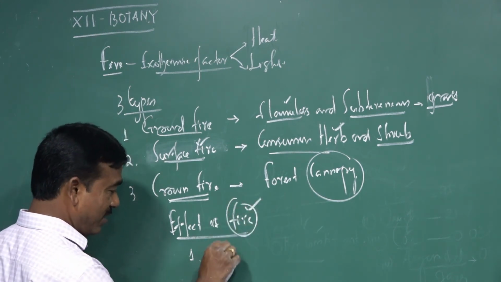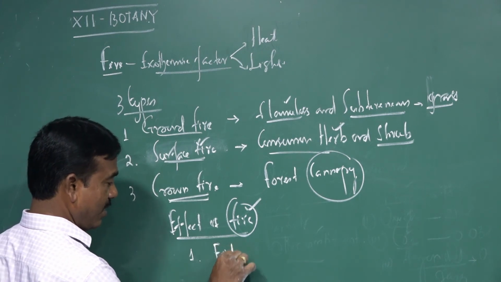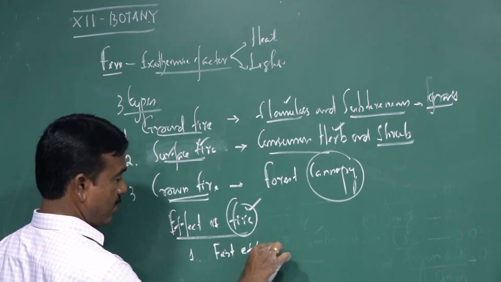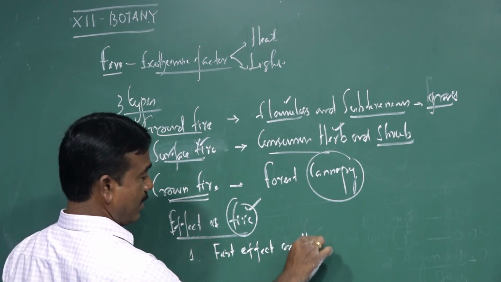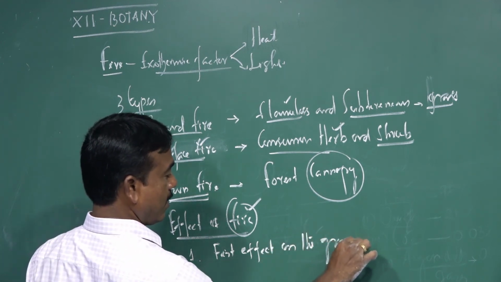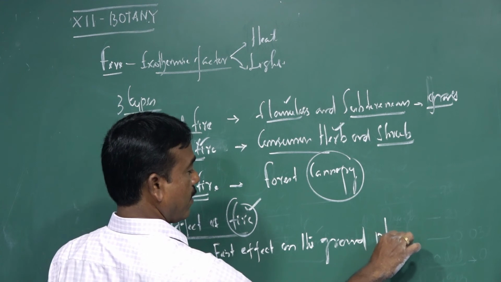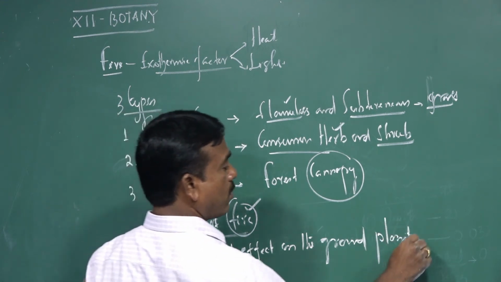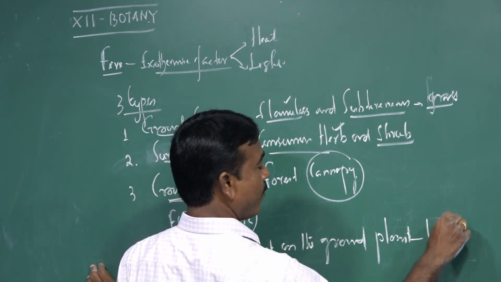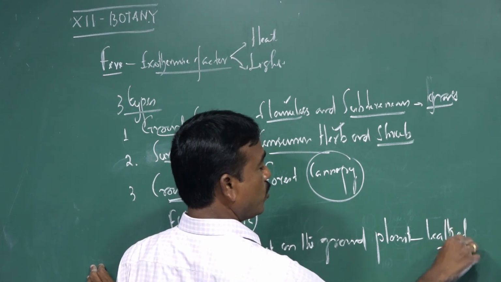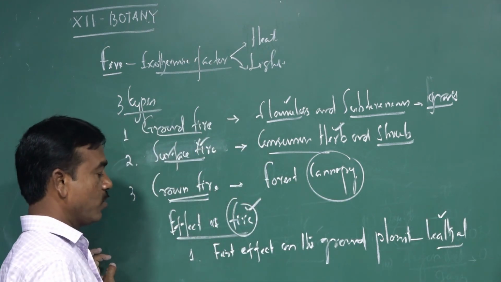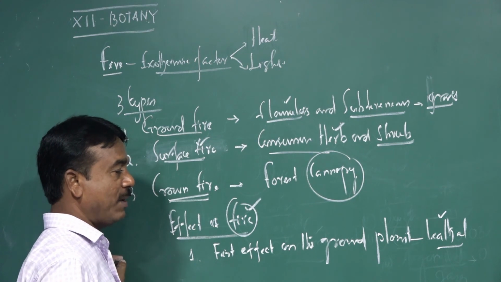The first effect of fire is on the ground plants, which is generally lethal. Lethal means which leads to death. So the first effect on the ground plants is commonly called lethal.